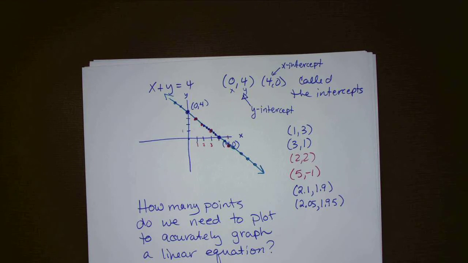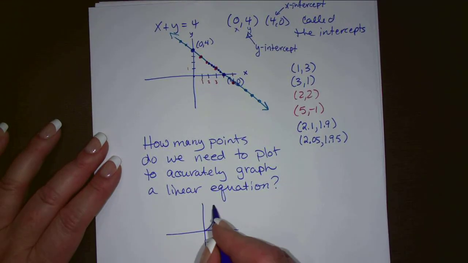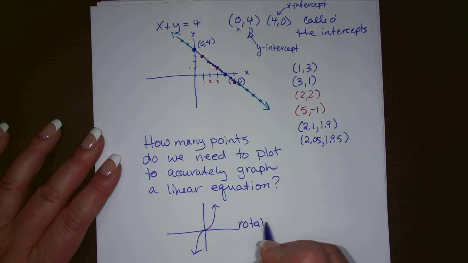Because what you're going to do in calculus is you're going to take something like this, and you're going to be asked to rotate it around the y-axis, for example.